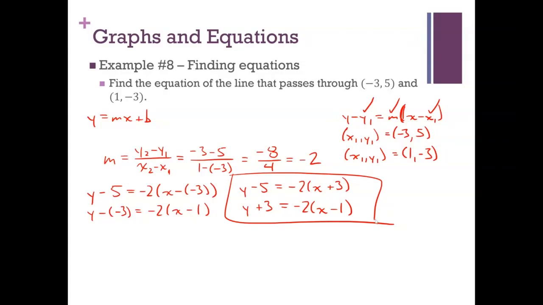Any questions on how we got those two equations? How could I get point slope from there? Or not point slope. I have point slope. How could I get the slope intercept form from there? So the y equals mx plus b.